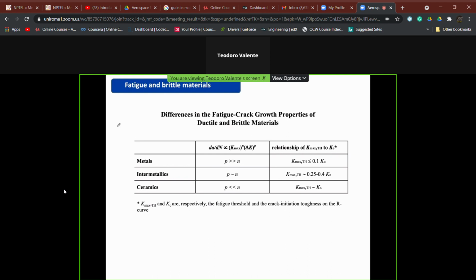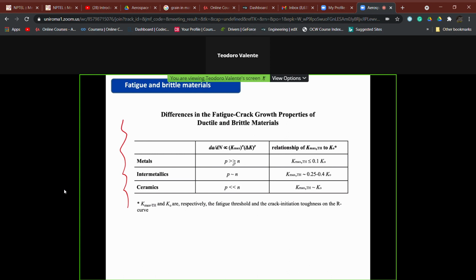Here, just to conclude, you also have a sort of comparison. In case we would like to use the general formulation we have seen here, for metals, also intermetallics, they have other approaches, and ceramic materials with the meaning of a K max threshold and K0 that we have seen before.